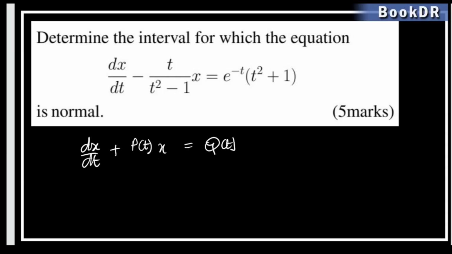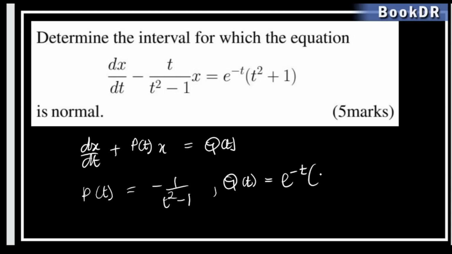Comparing our problem to the standard form of this first order linear ODE, our p of t is equal to minus t over t squared minus 1. And our q of t is equal to e exponent minus t, in brackets t squared plus 1.